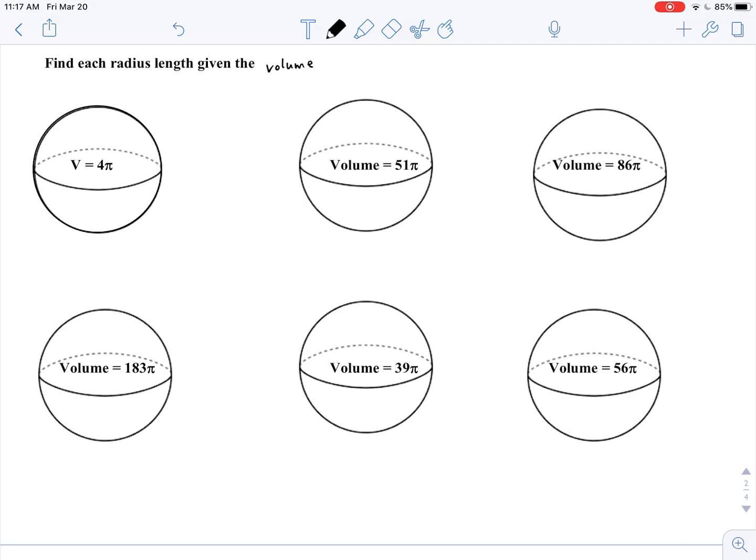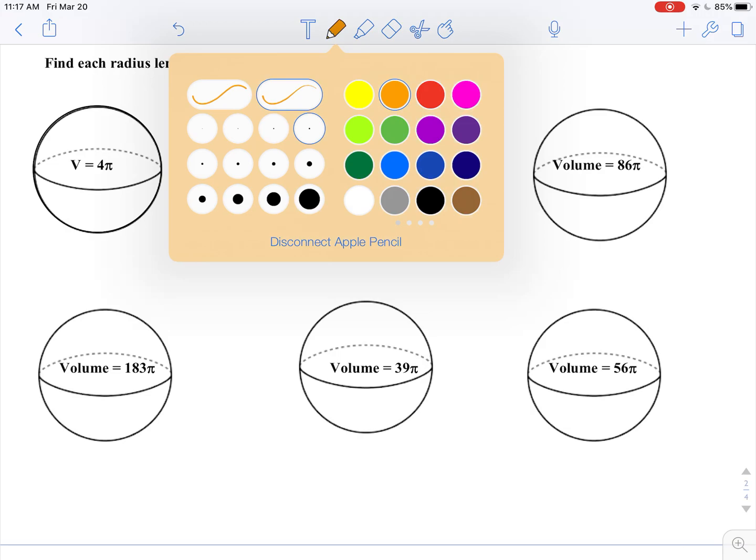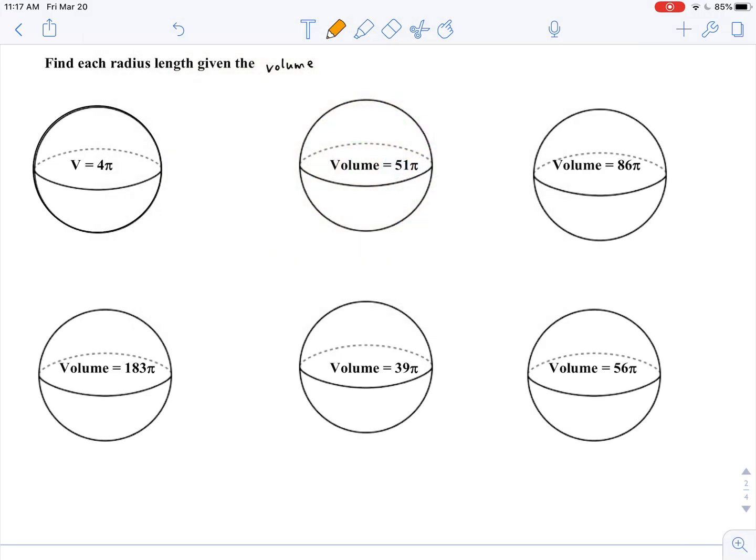Given the volume of the sphere, let's find the radius length. So what do we need to know here? We've got to know that volume equals 4/3 pi r cubed.